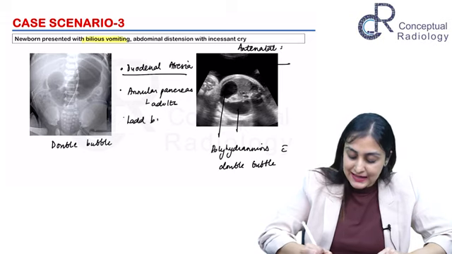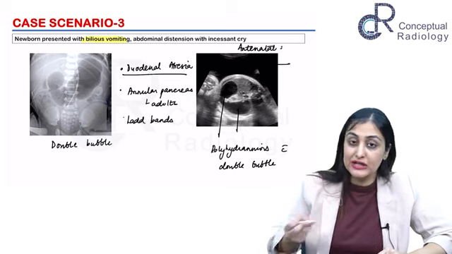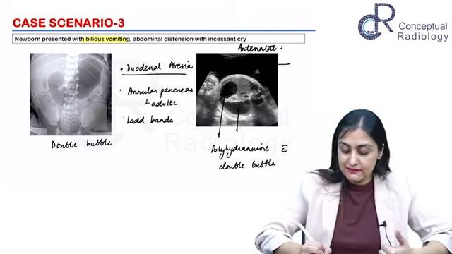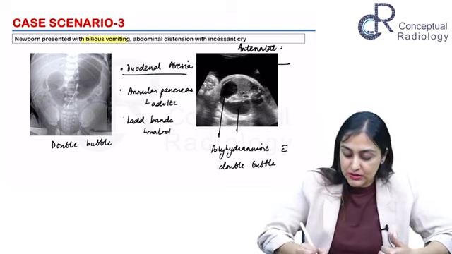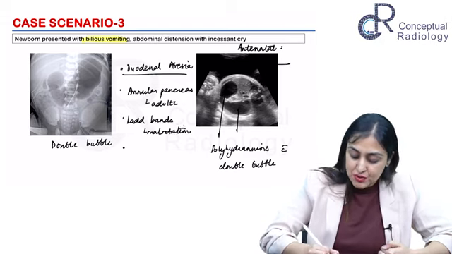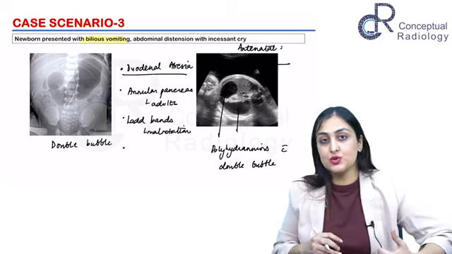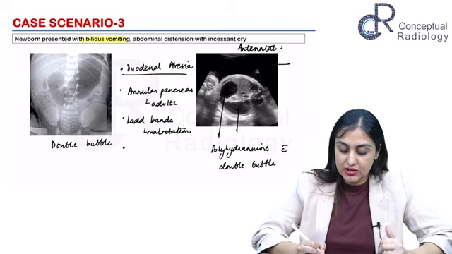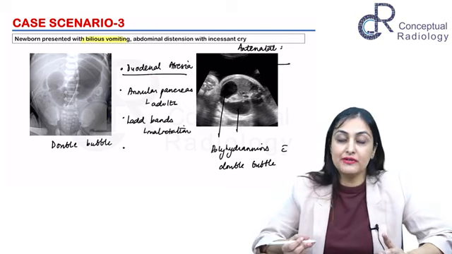And then there are Ladd's bands, which we will be talking about in malrotation, which can also cause duodenal obstruction at this level. This is something associated with malrotation, and if your viva is going great and you answer this, you are going to top the exam. The anomaly that I'm talking about here is an anomaly of the portal vein.